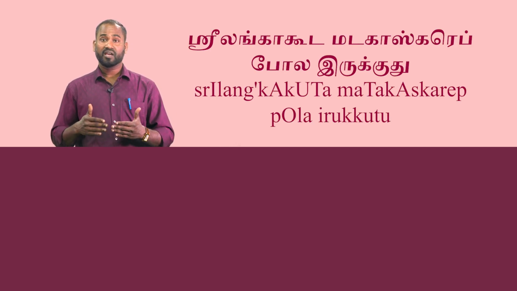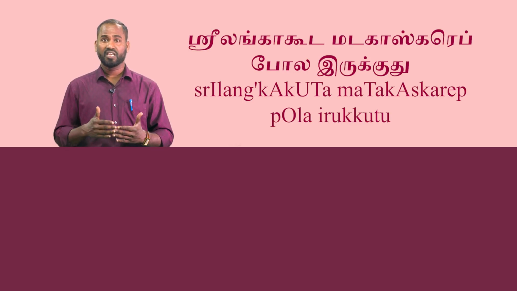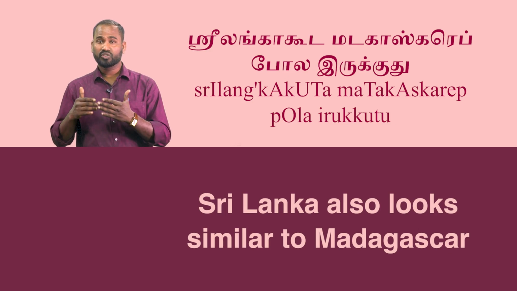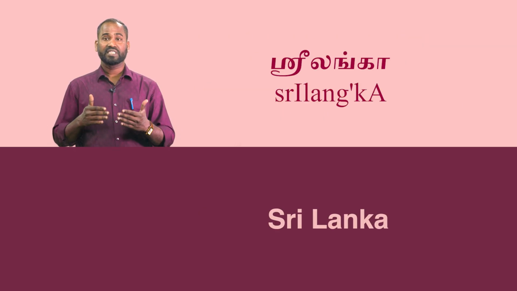Next sentence. ஸ்ரீலங்கா கூட மடகாஸ்கரை போல இருக்குது. The Tamil sentence ஸ்ரீலங்கா கூட மடகாஸ்கரை போல இருக்குது is translated as Sri Lanka also looks similar to Madagascar in English. Here, Sri Lanka means the country Sri Lanka. The comparative marker pola is used to indicate similarity, meaning like. In Tamil, when using comparative markers such as pola or vida, the noun being compared takes the objective case.